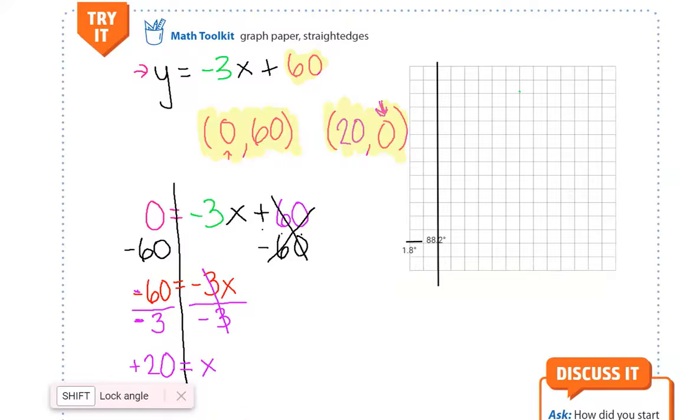I need space in my positive areas, because I'm going to go up to 60 on my y-axis and 20 on my x-axis. Since 60 and 20 are multiples of 10, I'm going to label my x and y axes by 10. Be proper. Put little arrows at the ends of your axes to show they go on forever.